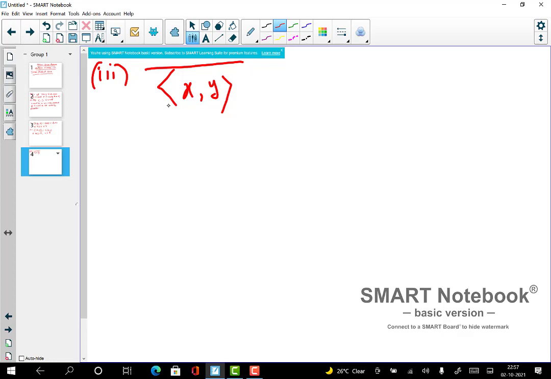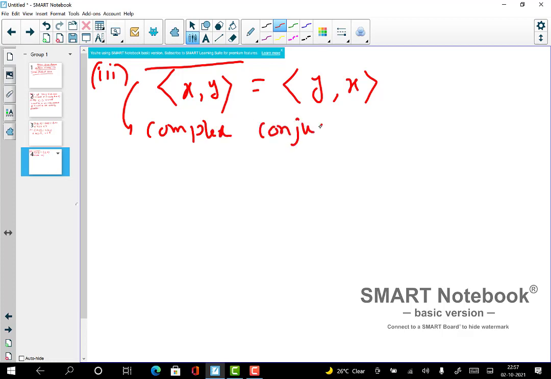So what will the conjugate be? The conjugate will be exactly of this form. Okay, this is the inner product the other way, right? And this is actually the complex conjugate. Okay.